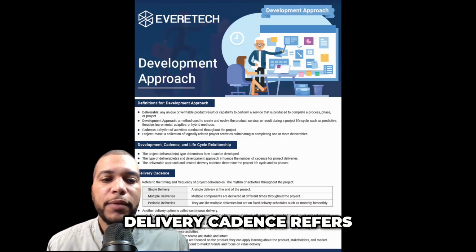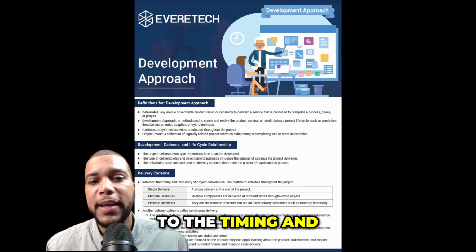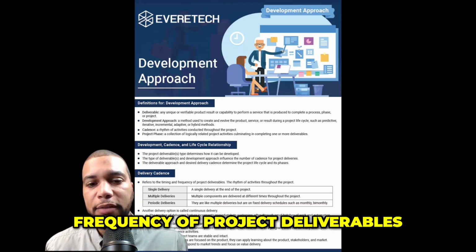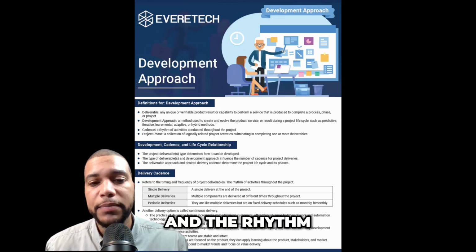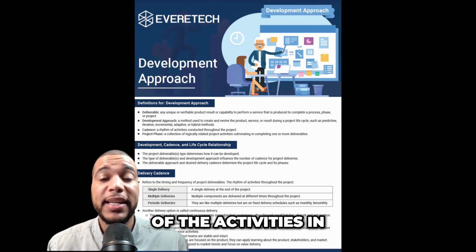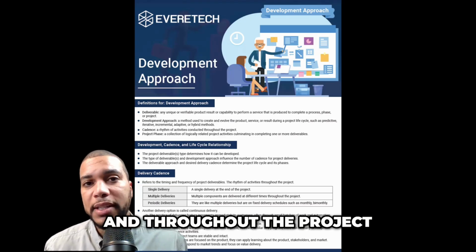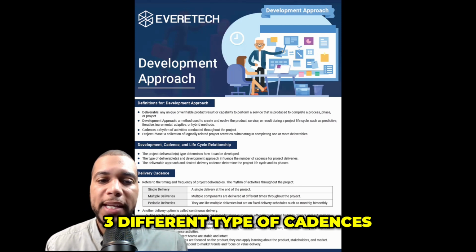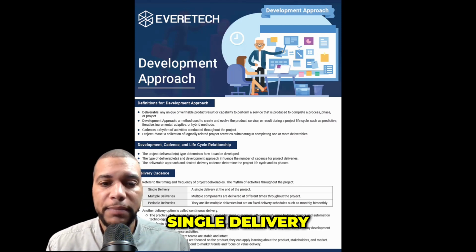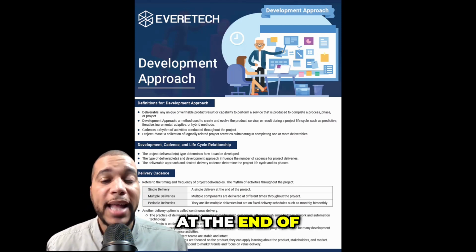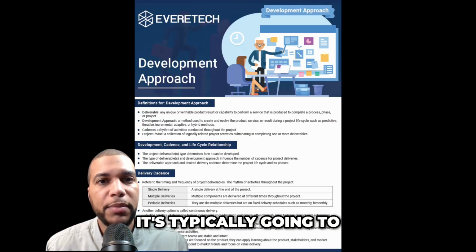Delivery cadence refers to the timing and frequency of project deliverables and the rhythm of the activities throughout the project. You can have three different types of cadences. You can have a single delivery, which is a single delivery at the end of the project. It's typically going to be more predictive.